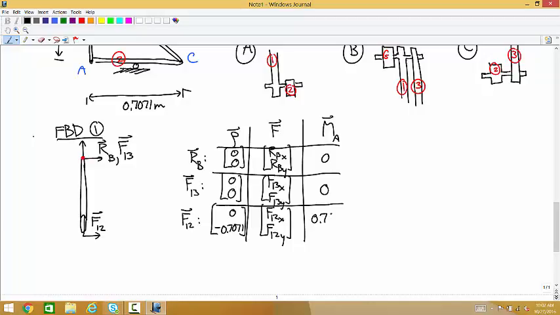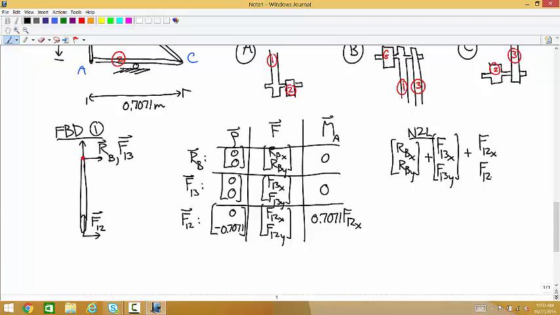So positive 0.7071 F12x. And so Newton's laws say RBX, RBY plus F13X, F13Y plus F12x, F12y is equal to zeros.